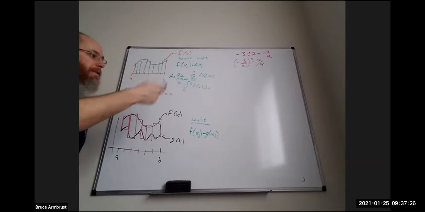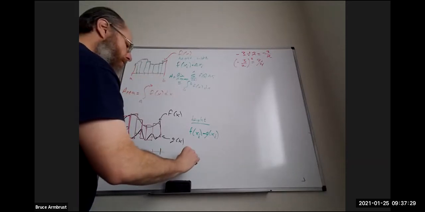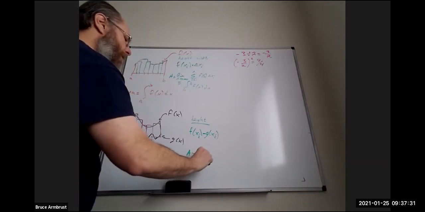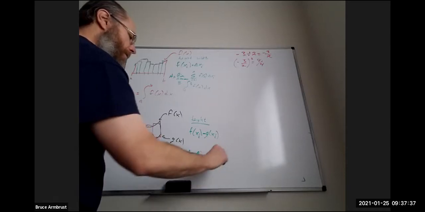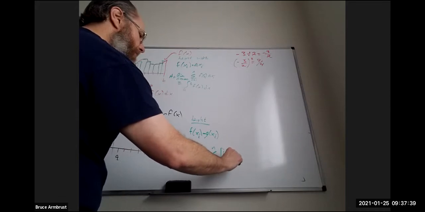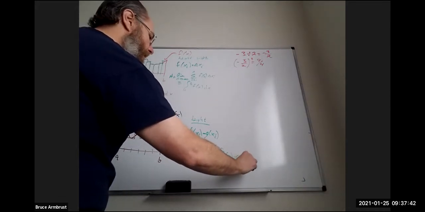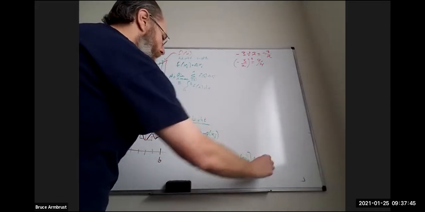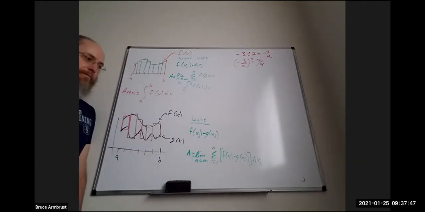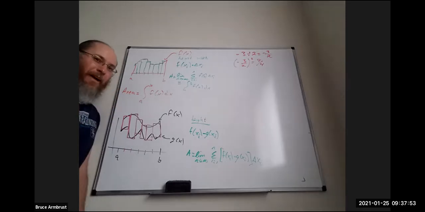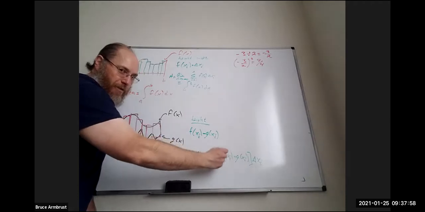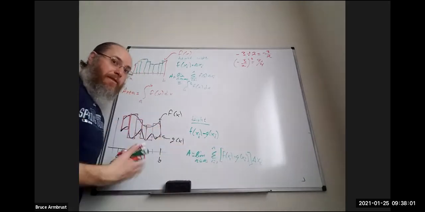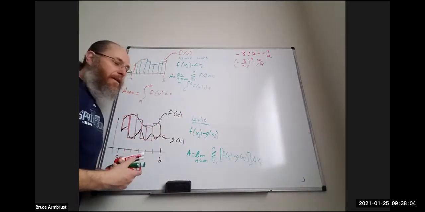Well, the widths are still delta xi. So when I put this all together, I'm going to get the limit as n goes to infinity of the sum from 1 to n of f of xi minus g of xi times delta xi. And with just a slight amount of algebra, basically distribute these and then split it up because I've got two things being subtracted, we saw that sums of differences, you can do each one separately and subtract.